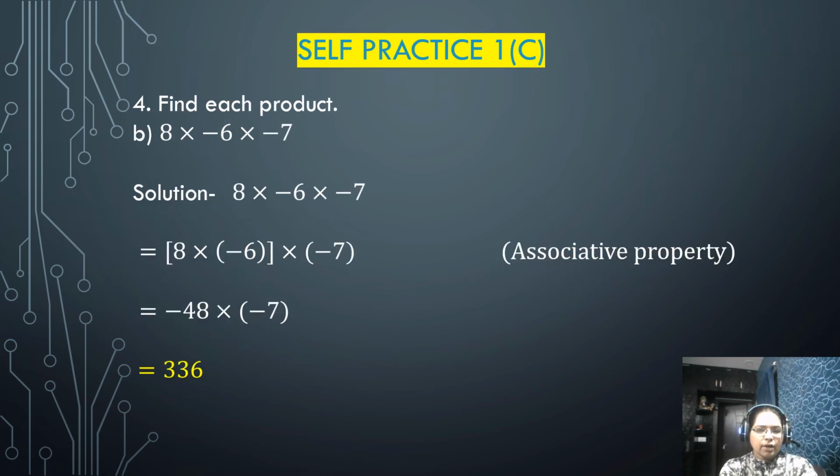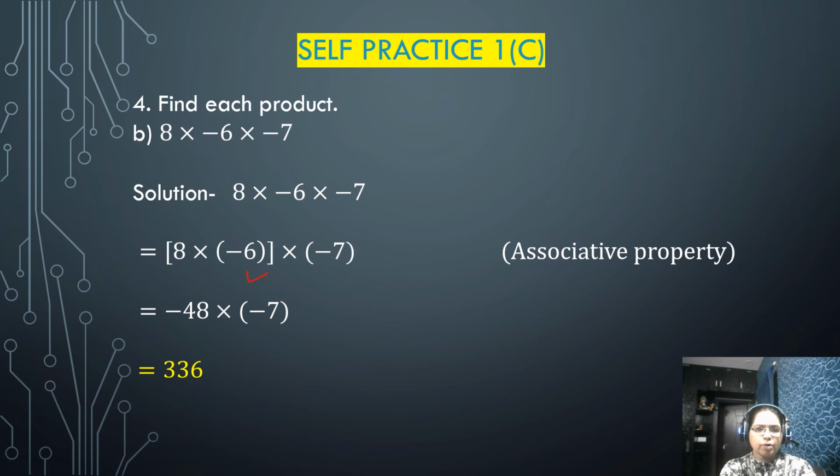Now B, 8 multiplied with minus 6 multiplied with minus 7. First we multiply 8 with minus 6, then we multiply the product with minus 7. That is the associative property of integers. 8 multiplied by minus 6 we get minus 48, as multiplication of a positive integer and negative integer gives a negative integer.